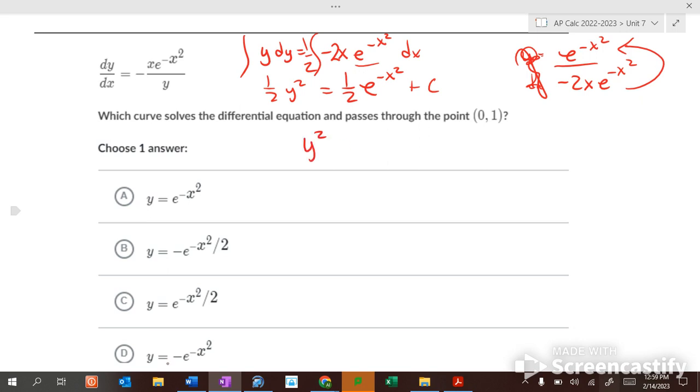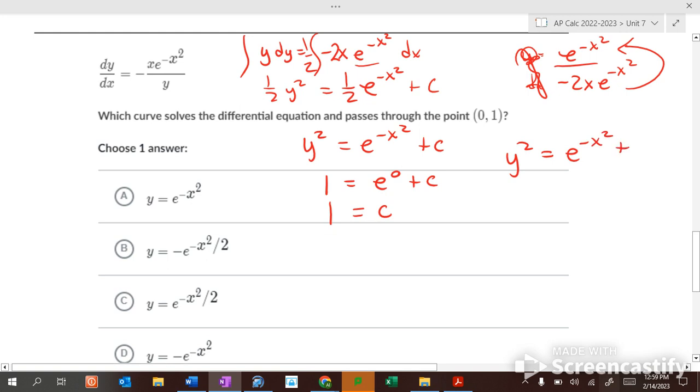So y squared equals e to the negative x squared plus c. Okay, put a 1 in for y, a 0 in for x. So 1 equals e to the 0 plus c, so c equals 1. So y squared equals e to the negative x squared plus 1.